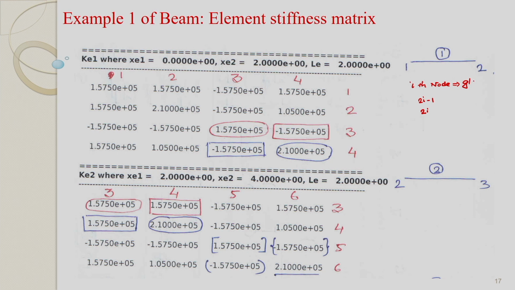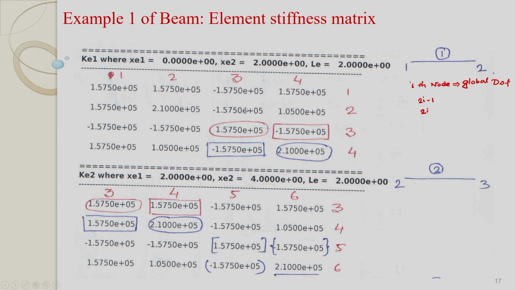So, here with this formula, these are the associated global degrees of freedom for element 1. So, 2i minus 1 is for deflection at ith node and 2i corresponds to rotation at ith node.